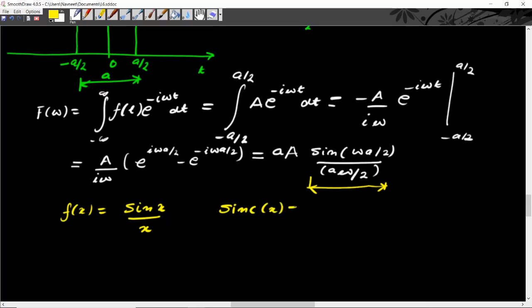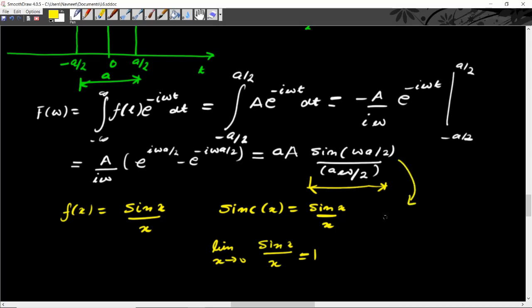And this function is called the sinc function. And note that by virtue of the famous limit, x tending to 0 of sine x over x is equal to 1.